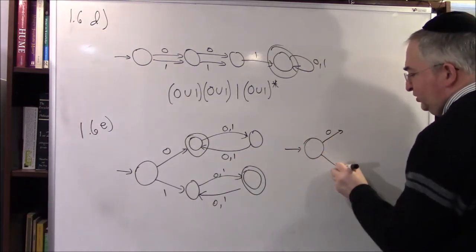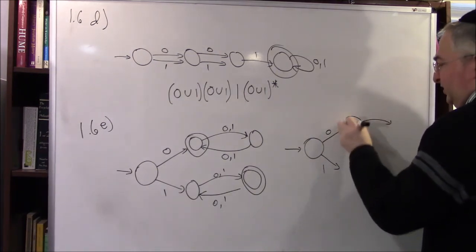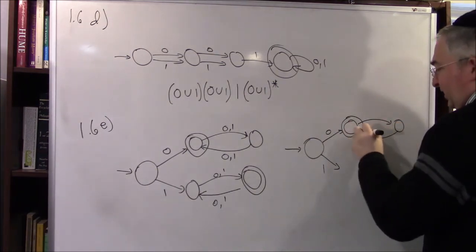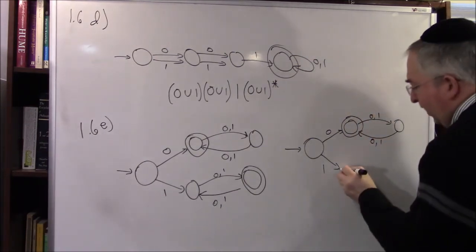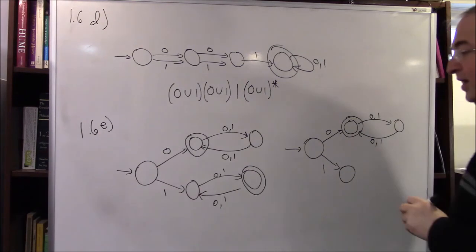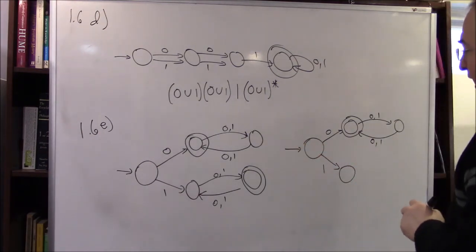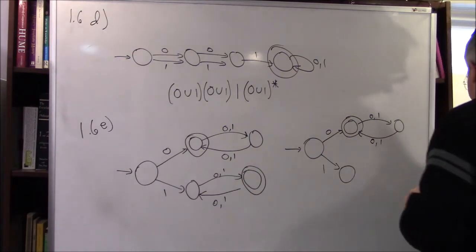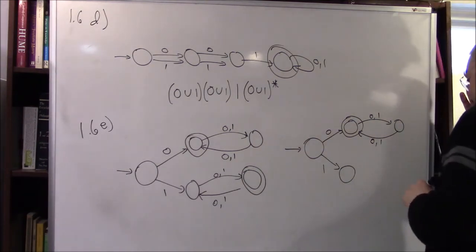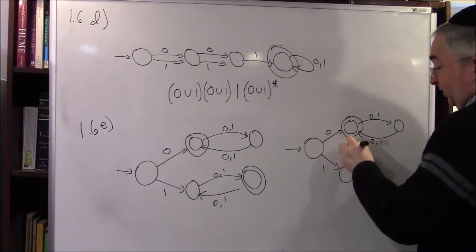Same thing. Start with a 0 or 1. Okay, if you have a 0, that's an accepting state. That's not an accepting state. Okay, and if you have a 1, then what I want is an even number of things. So watch what I do. If he has one more, he's in an even number.